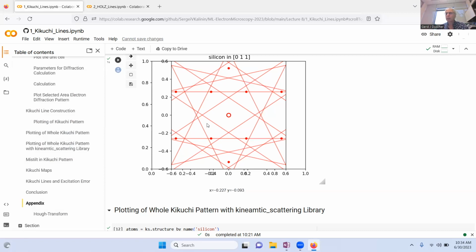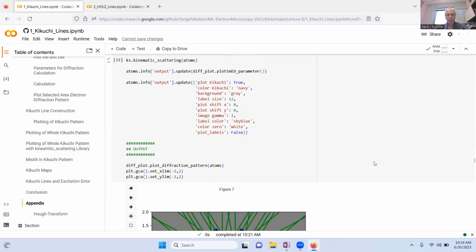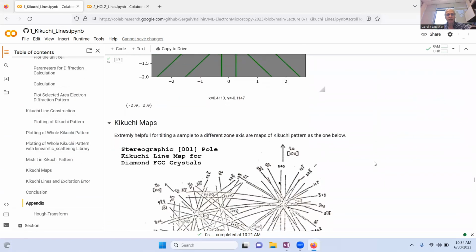And since the construction is the same thing, even though a bit skewed to higher angles for the Holtz lines, if you do just the Bragg calculation and put the Bragg spots in polar coordinates, you automatically get your lines in half space.